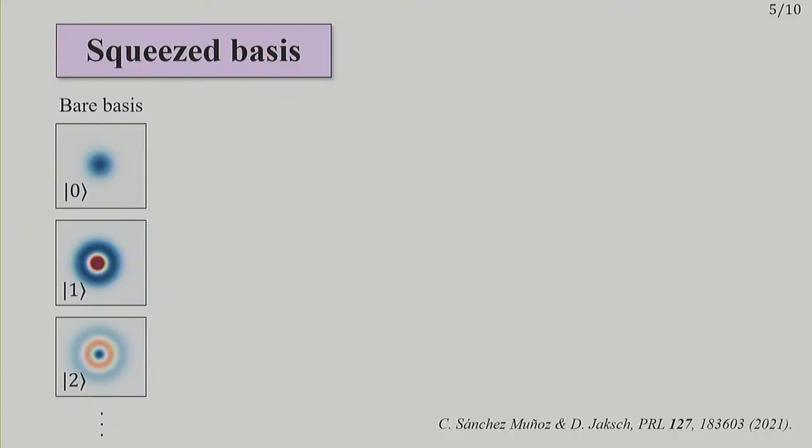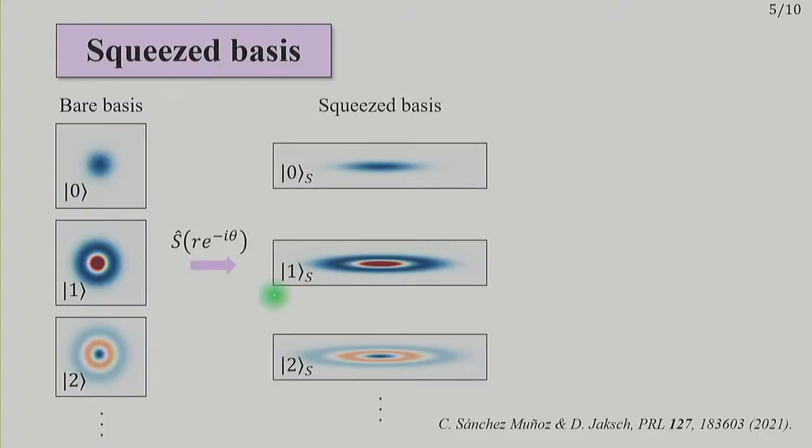But first, let me just talk about the key idea behind these implementations. Well, we normally work with a basis of Fock states, but we can actually apply a squeezing operator to these Fock states and work in a basis of squeezed Fock states like this, okay?